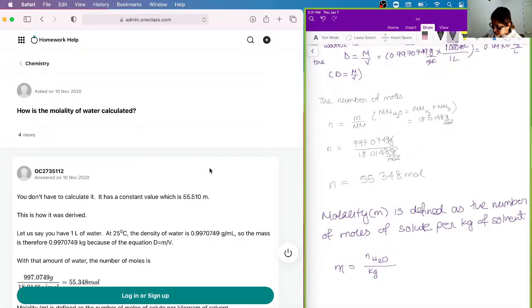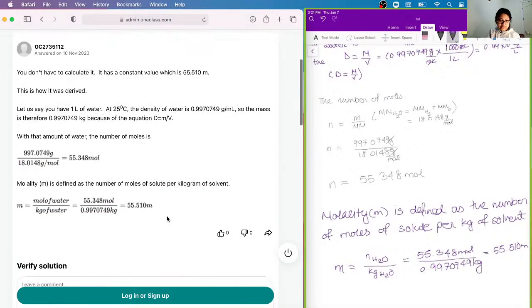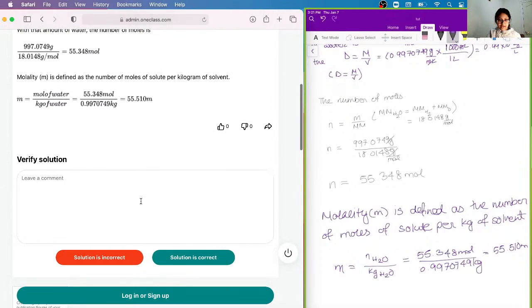Since our moles is 55.348 moles, this is all over 0.9970749 kilograms, and you get 55.510 molal. Okay? And so this is your answer, and this is what they've got. So this is correct.